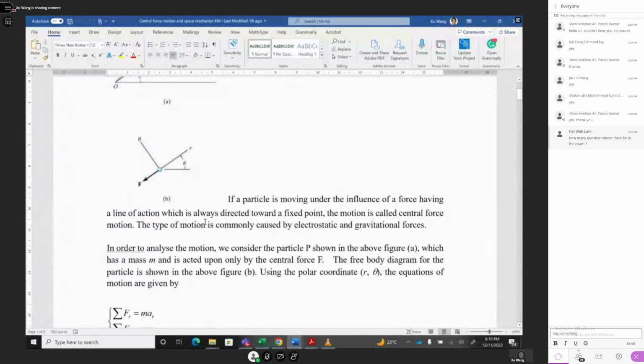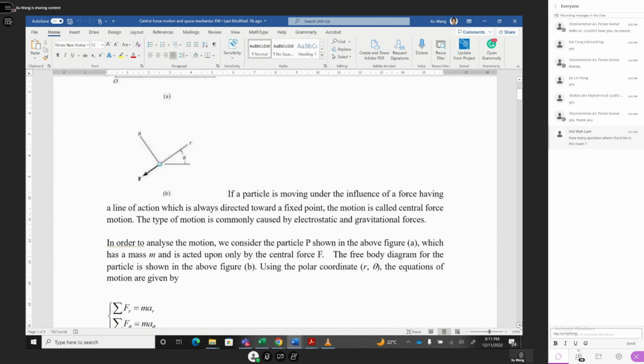Using polar coordinates r and theta, the equations of motion are sigma Fr equals m ar and sigma F theta equals m a theta. This is Newton's law of motion.